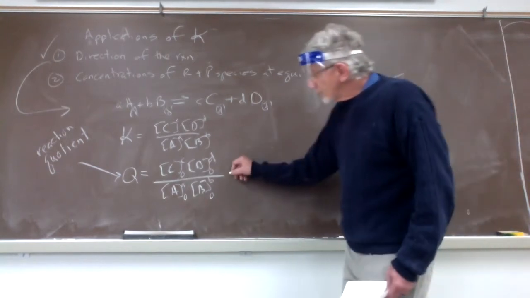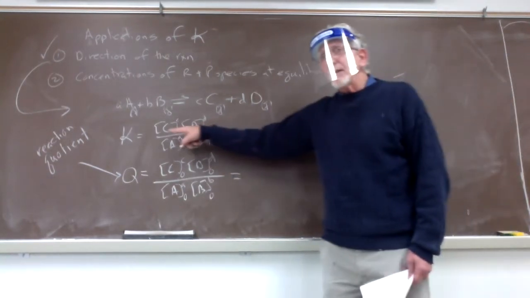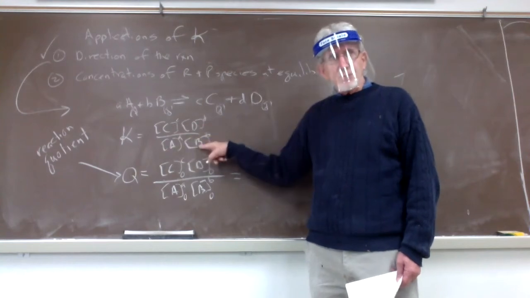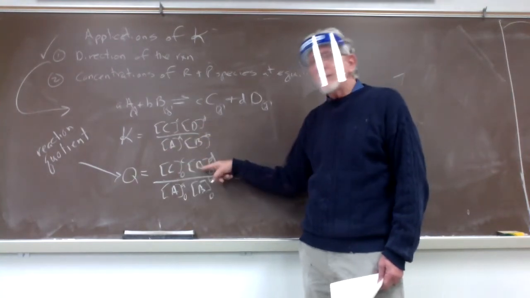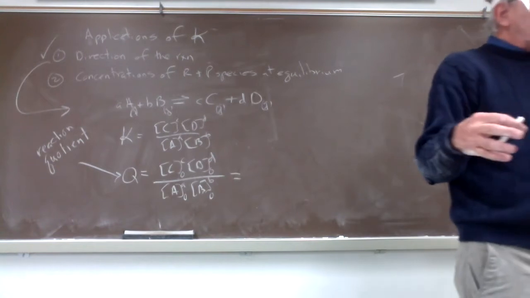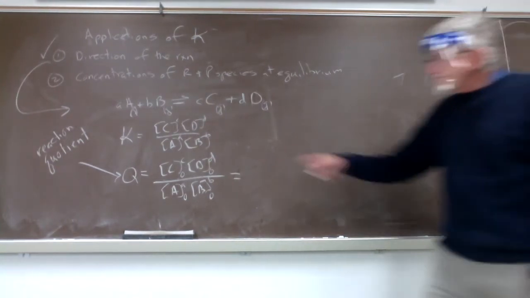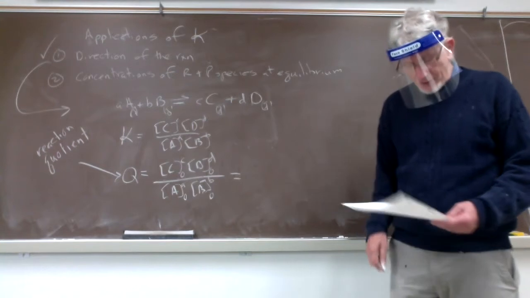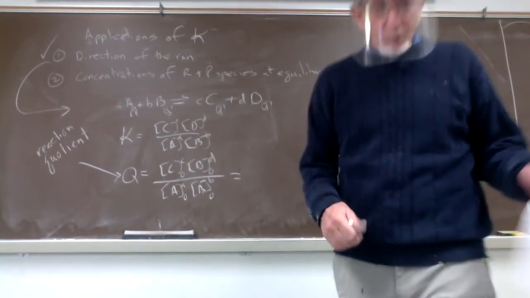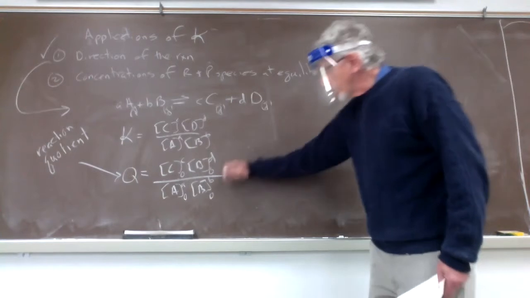And this would be the exact form of the equilibrium constant, but we don't plug in the equilibrium concentrations of products and reactants. We plug in the concentrations of what we have now, what we are dealing with, what we currently see. And that would be the reaction quotient.